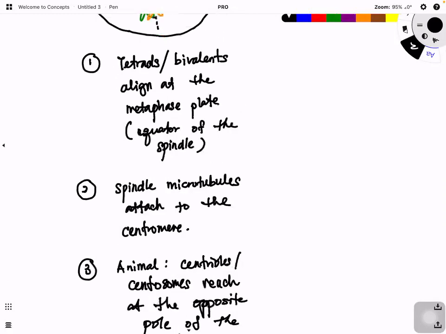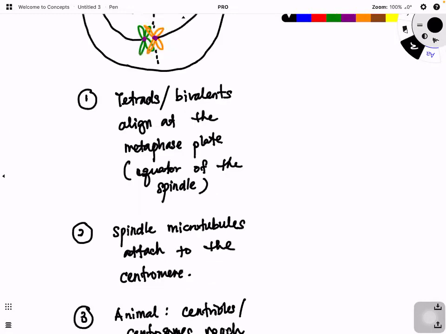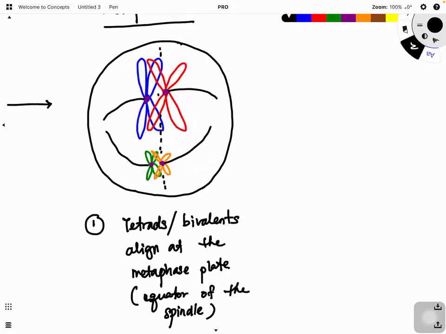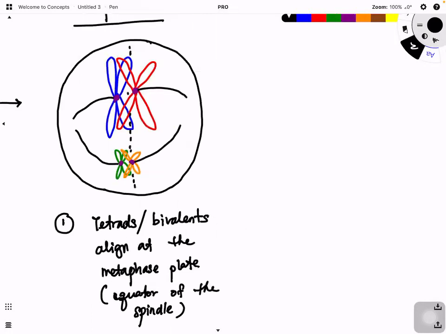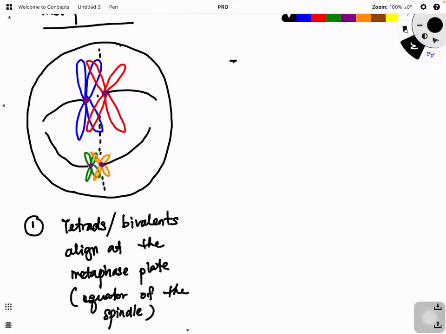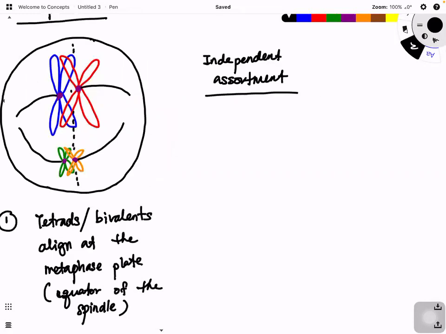Now here we have a little bit of a special case. What does special case mean? We have what we call random assortment, or independent assortment, which creates genetic variation. What is independent assortment? If you understand the concept of meiosis, at the later stage, during anaphase, look at my cursor here.